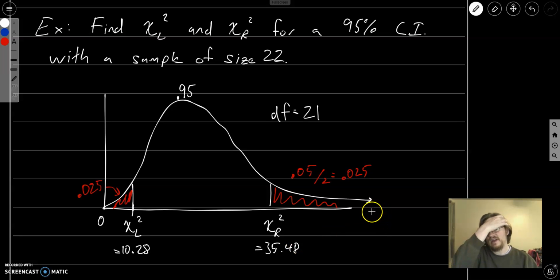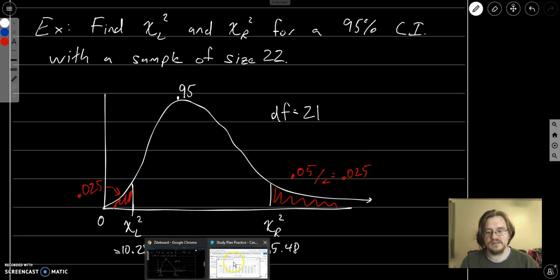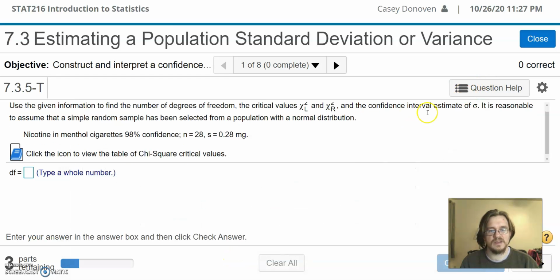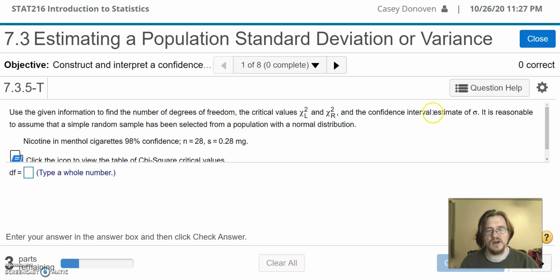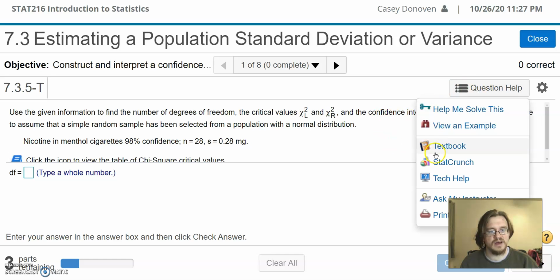Great, and we found our two values. There is a second way of doing this, and this is to simply look these things up on a chart. I pulled up this question, and here we could go to question help and open up StatCrunch to do this in the same way that I just did.